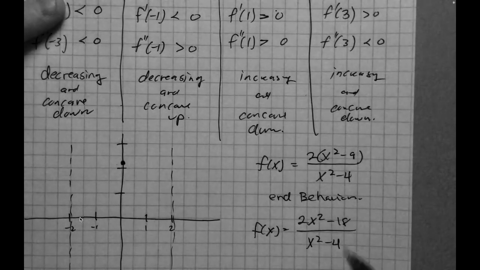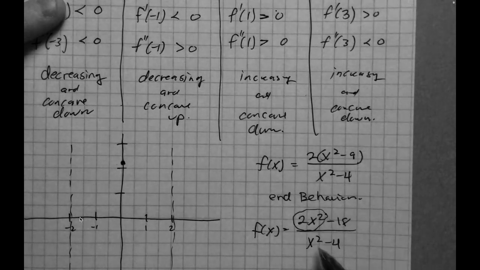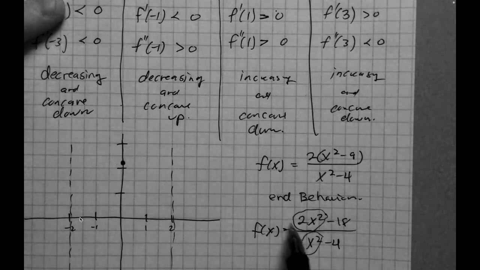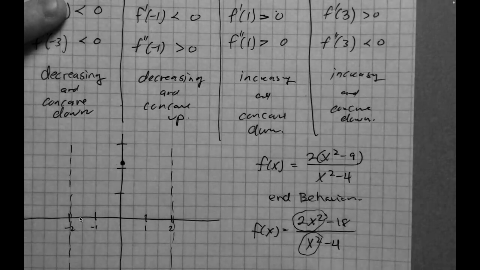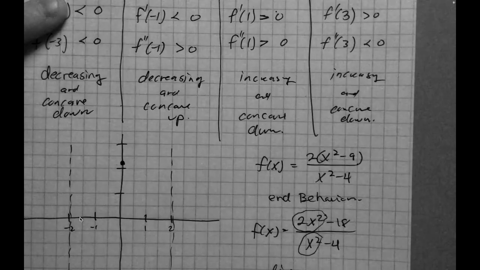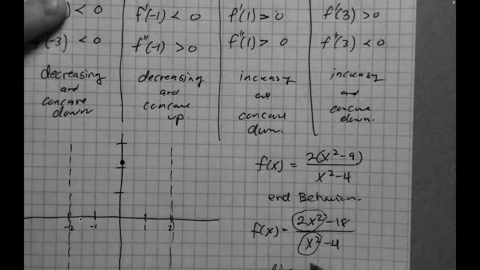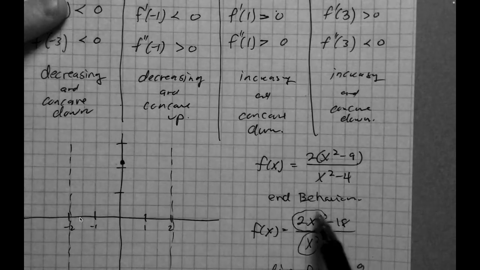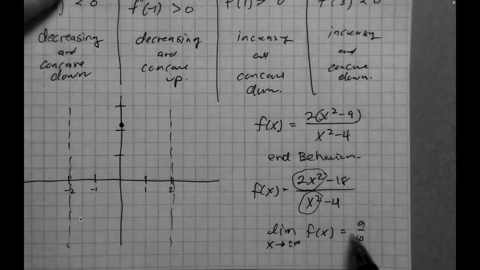Now, that theorem was all about these leading terms, right? And so in the case where the degree of the top and the degree of the bottom are the same, then we said that the limit as x goes to plus or minus infinity of this thing is equal to a over b, where a is the leading coefficient of the numerator and b is the leading coefficient of the denominator.